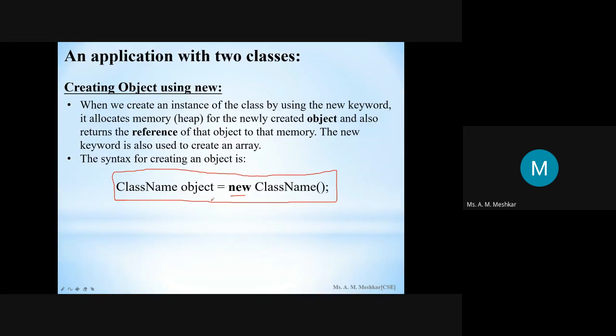So whenever you are using new, it is allocating the memory inside heap to that particular class object, and then it is returning the address of that memory location. So it is kind of a reference. We are not using the concept of pointers, but the concept of reference to that object created.